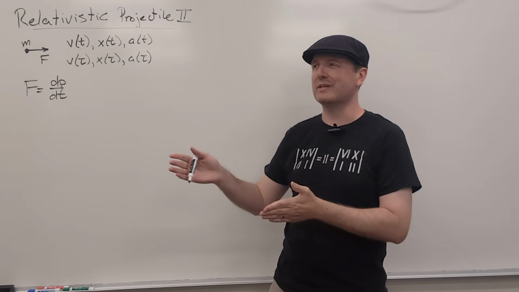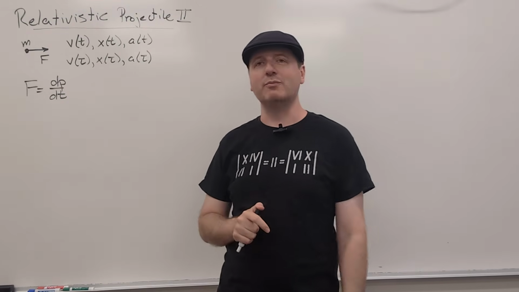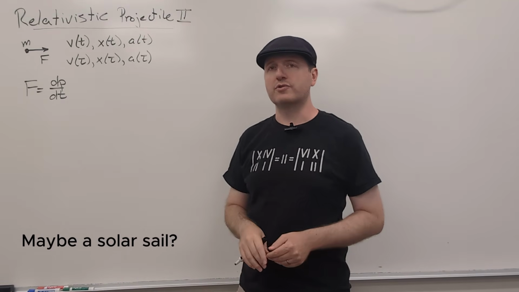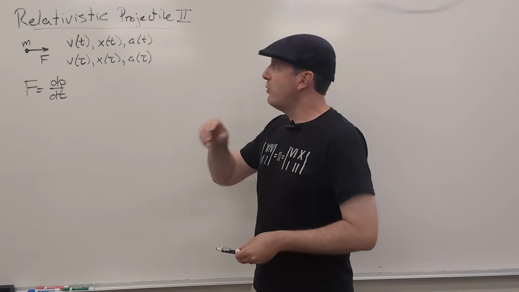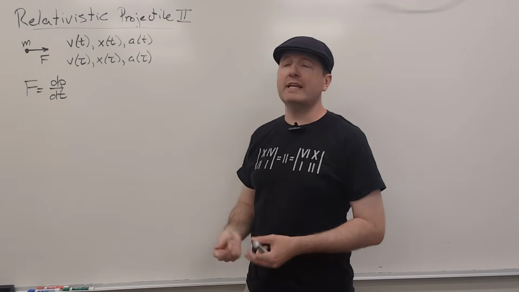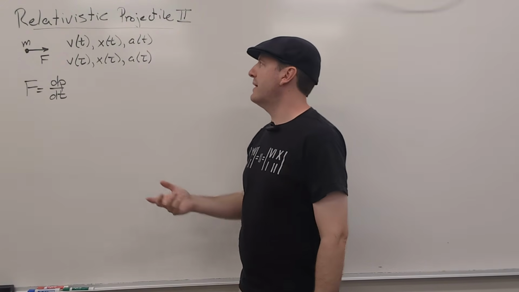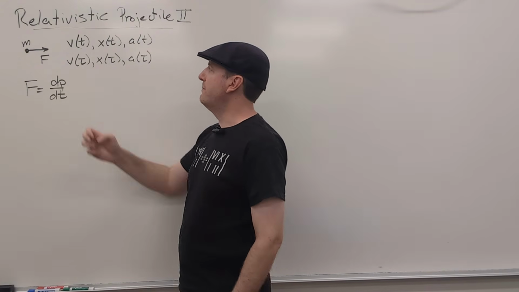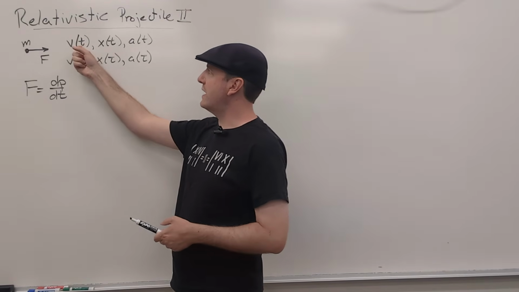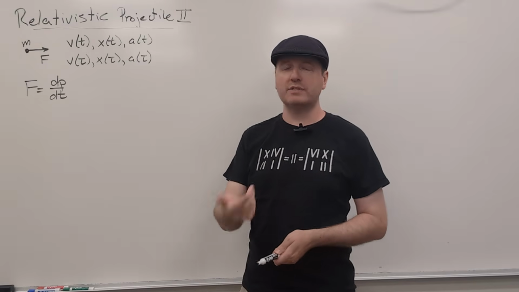Of course, I'd have to keep up with it, so I guess that's not really the best example, but there's some sort of force that is constantly pushing it in the inertial frame. Now, we want to find the speed of this rocket, its position, and its acceleration in my inertial frame, and then also calculate the same quantities, not in terms of the coordinate time t, but in terms of the proper time tau.